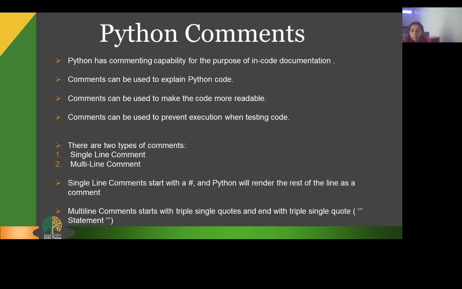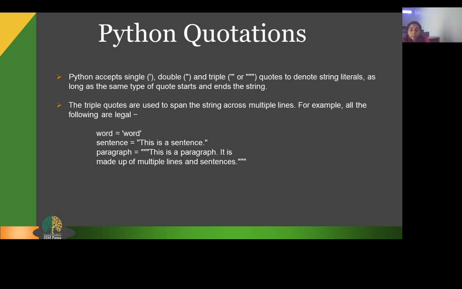For a single line comment, we use a hash symbol. And for a multi-line comment, we use a triple single quote. Now, Python quotation. Python accepts single, double and triple quotes to denote a string literal, as long as the same type of quote starts and ends the string.